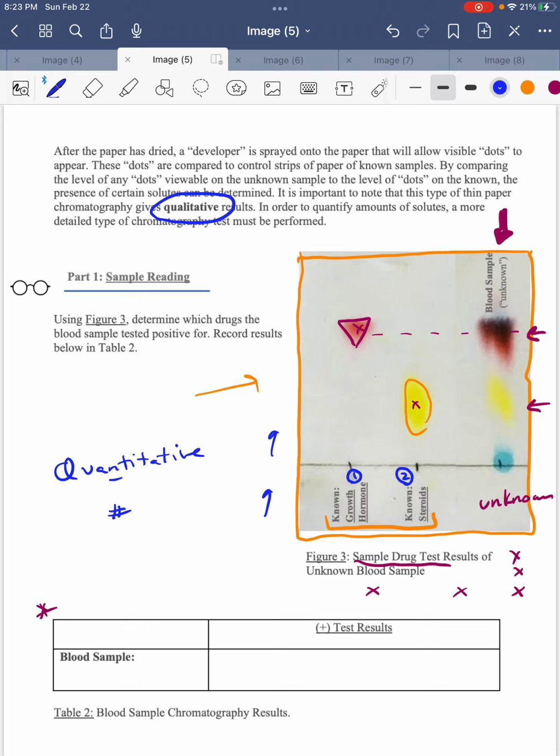Something that's quantitative gives us a number. If this were quantitative, it would not only show us whether or not something is present, it would also tell us the amount. But the form of chromatography that we're talking about is not quantitative. It doesn't tell us how much in numerical value. It can only tell us whether or not something is present.